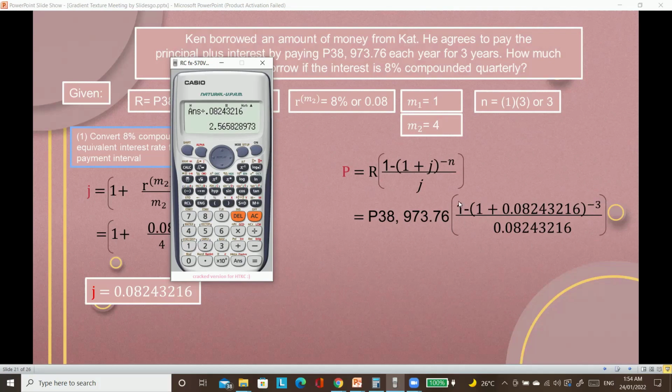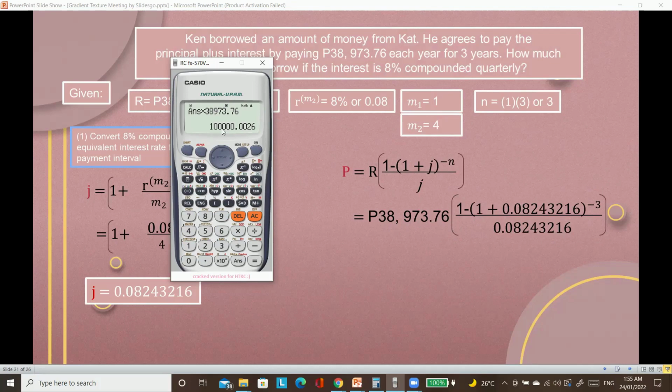Then, i-multiply naman natin siya sa ating R. So, answer natin times 38,973.76. So, yan.